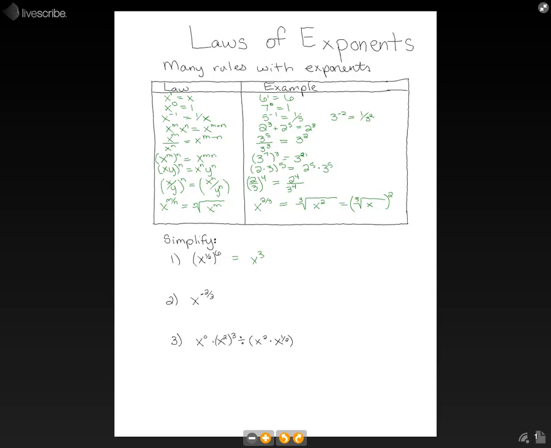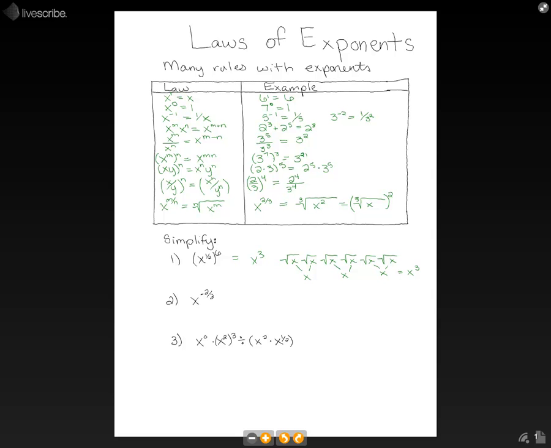You can look at this because we also know that x to the 1/2 is the square root of x. So that's the square root of x times itself 6 times. And we know that when you have two of them multiplied together, it makes x, right? And we end up with 3 x's over here, or x cubed.